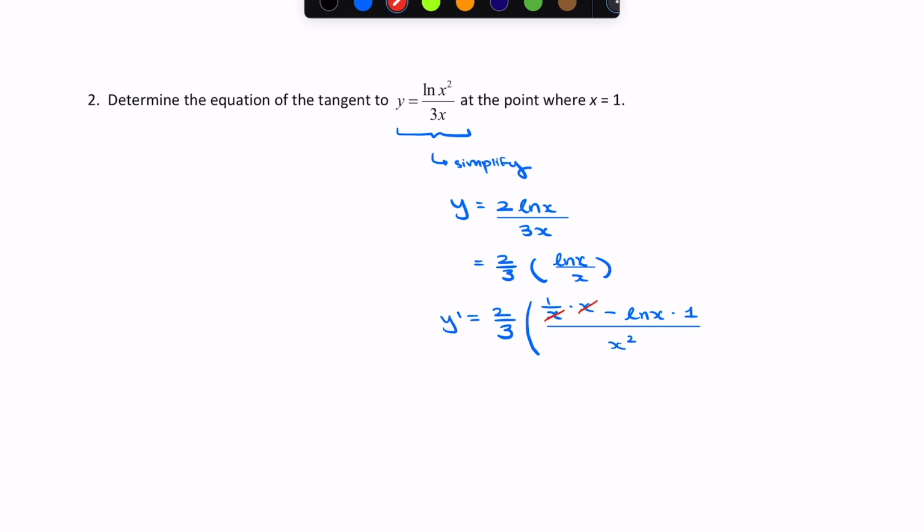Here we see that the x's will cancel out. So here we have 2 over 3, 1 minus ln x over x squared.